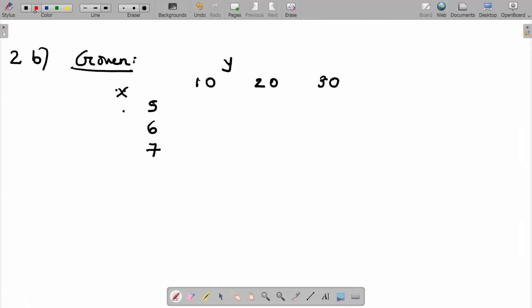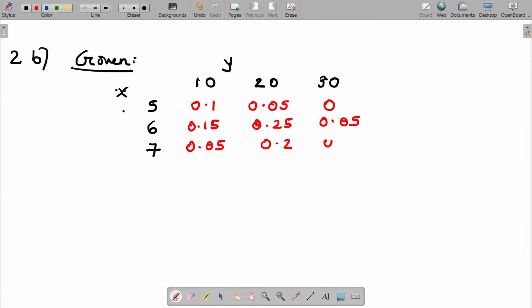Probabilities are as follows. 0.1, when X takes the value 5, Y takes the value 10. 0.05, when X takes the value 5, Y takes the value 20, 0. Then we have 0.15, 0.25, and 0.05. And then we have again 0.05, 0.2, 0.15.